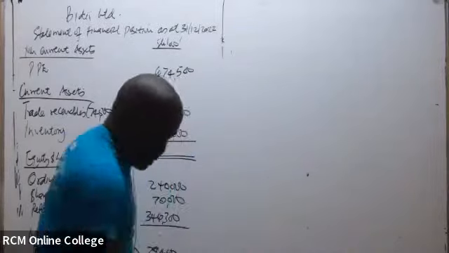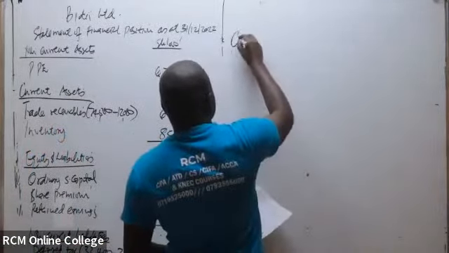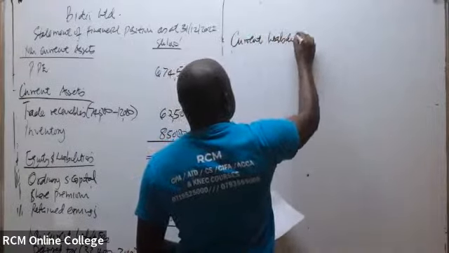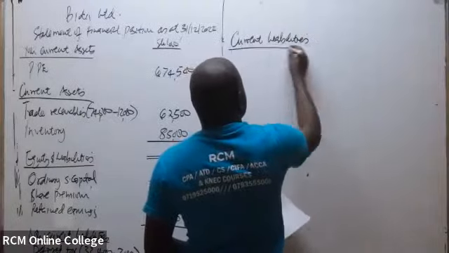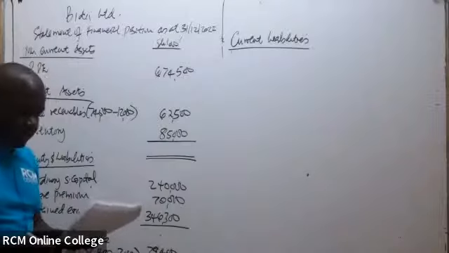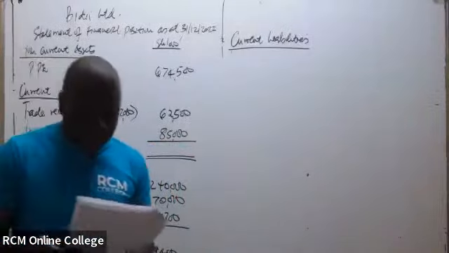Let's go to the current liabilities. For the current liabilities, it's very easy. You just go to the trial balance and, on the credit side, identify the current liabilities you have.